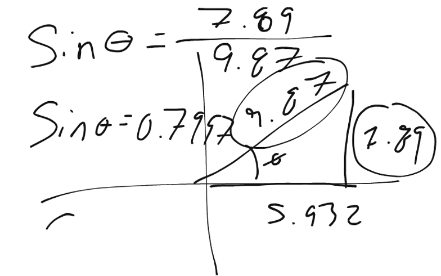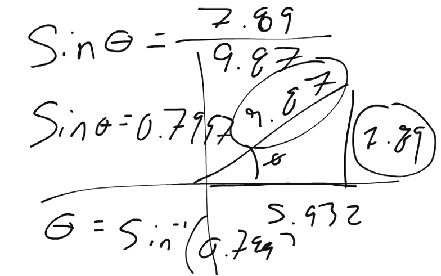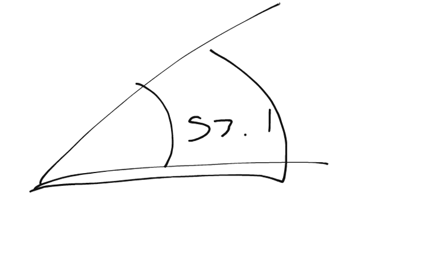In order to solve for theta, theta equals the inverse sine of 0.7997, which equals 53.103. So theta, our angle, is 53.1 degrees counterclockwise from our x-axis, and it has a magnitude of force of 9.87 newtons.